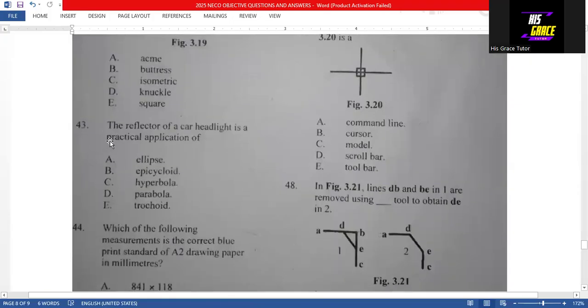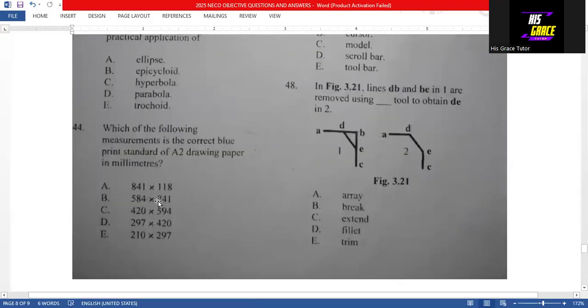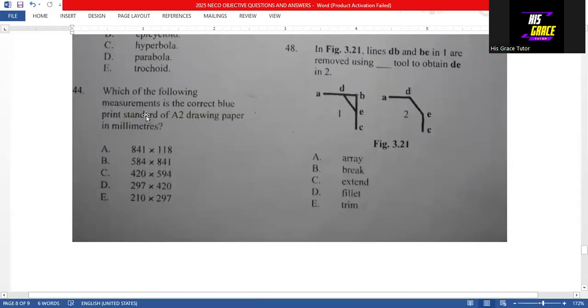Then question 43. The reflector of a car headlight is a practical application of option D, parabola. Then question 44. Which of the following measurements is correct? Blueprint standard of A2 drawing paper in millimeters. Option A is the answer.